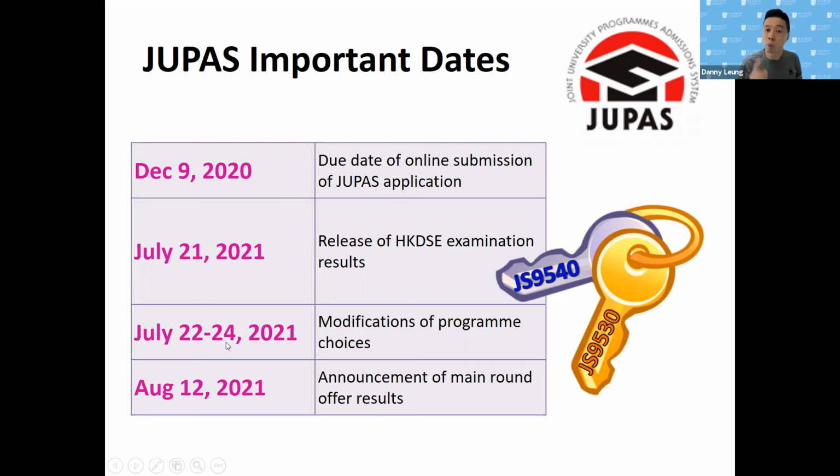If you do want to be admitted to our English single degree or English double degree, make sure that you put either 9530 or 9540 in one of the Band A choices. There are 3 Band A choices.